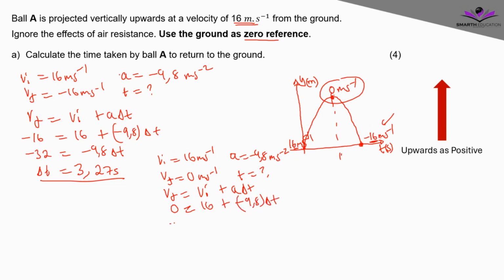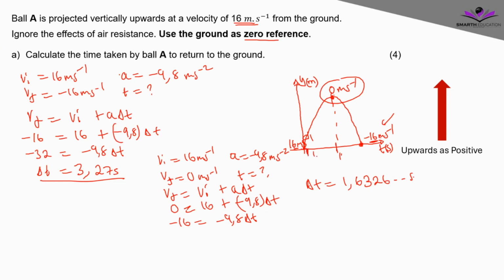Then negative 16 is equal to negative 9.8 delta t. I divide by 9.8 on both sides of the equation. That delta t is equal to 1.6326 seconds.